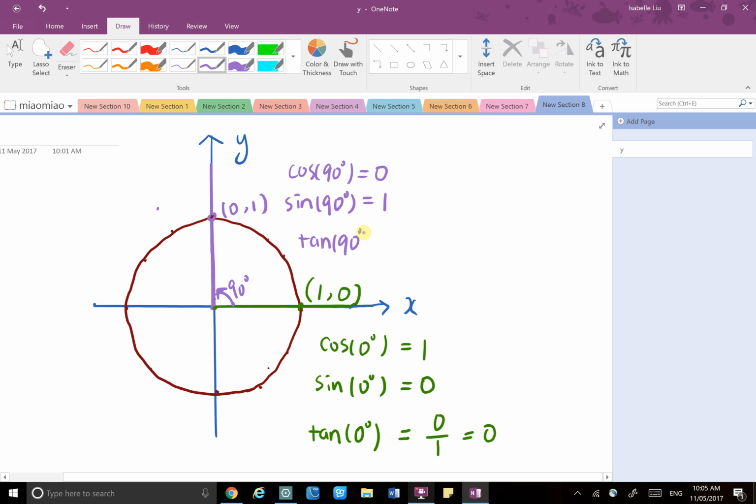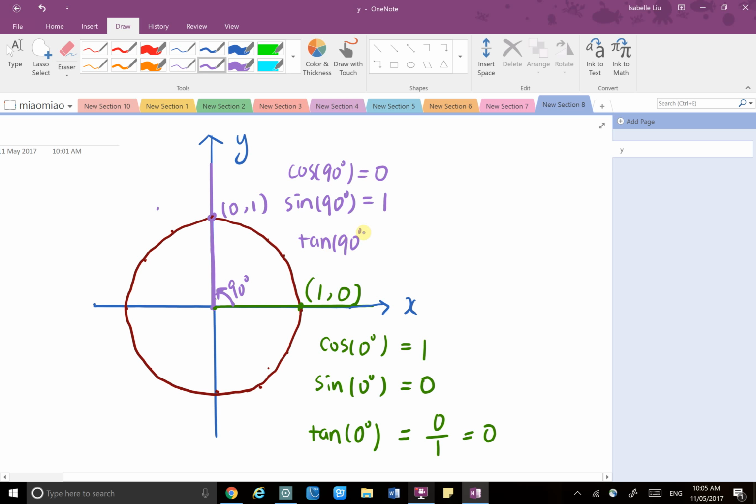What's tangent 180 degrees? 0. Sine over cosine, 0 over -1 will still give you 0. So sine 180 is 0, cosine 180 is -1, and tangent is 0.